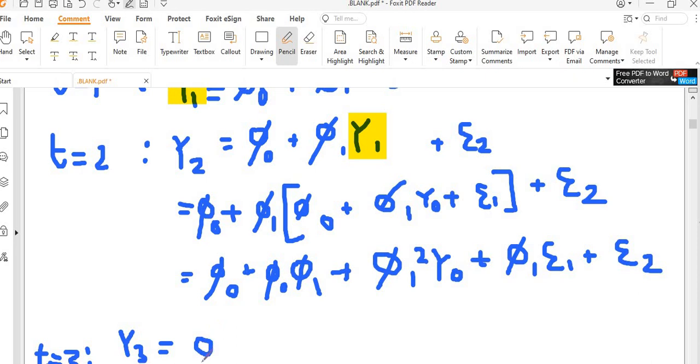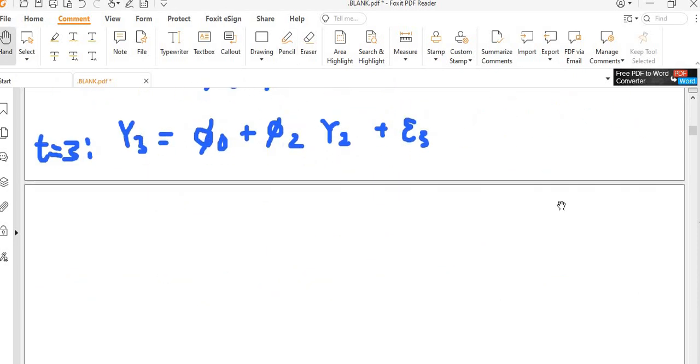So y3 this time, again the time independent part, phi naught plus phi 1 y2, and then we have epsilon 3, right? So the third value of y depends on the second value. That's just one period lag, as we did before.